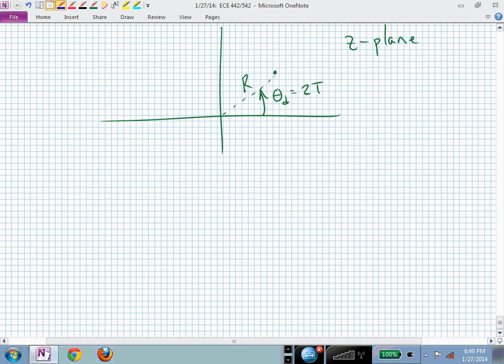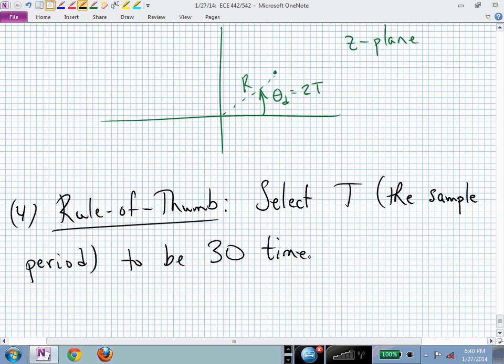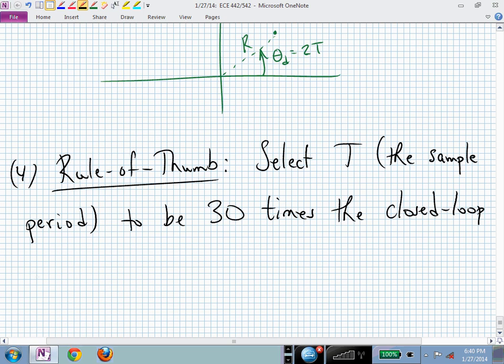Let's see if we can figure out what T might be. Do you remember what I claimed we were going to use before? Our rule of thumb for selecting T, the sample period, is to select it so the sampling frequency is 30 times the closed loop bandwidth.